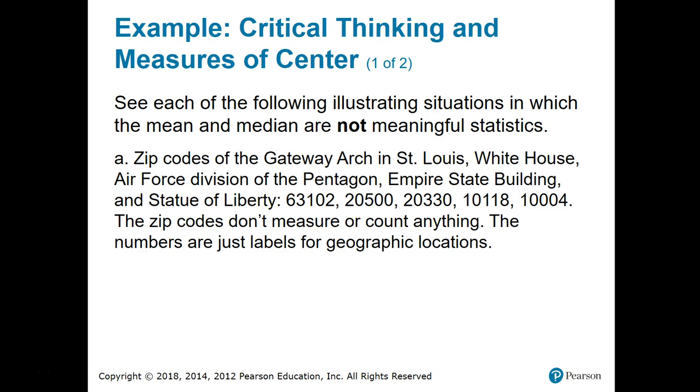Example is the zip codes that we could have for a bunch of different places. 63102, 20500, 20330, 10118, 10004. Hell, 90210, we can throw that one in there if we want to. You average them, they're not going to give you anything because you're not counting anything. Now, if they were longitudes or latitudes, that might give you something, but in their present form, they're not.